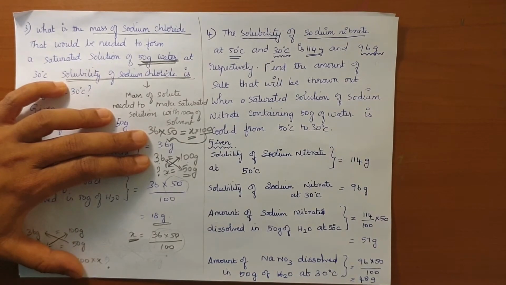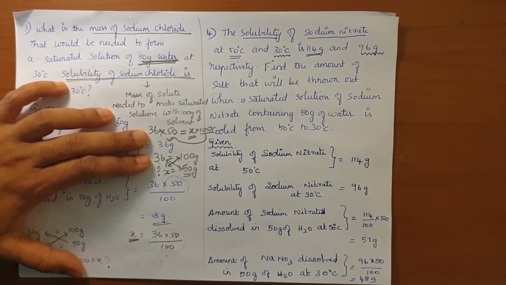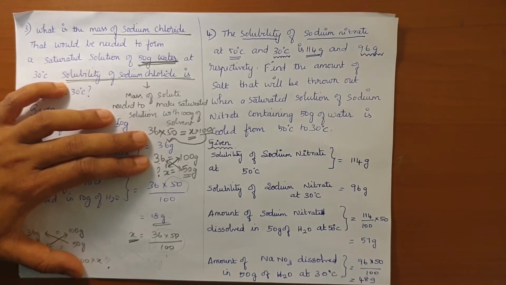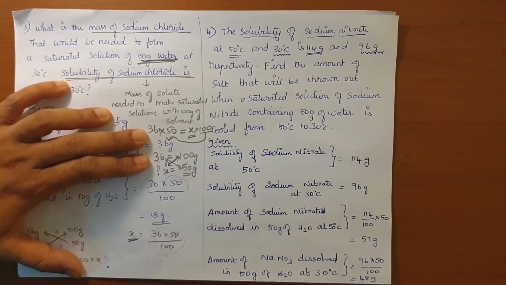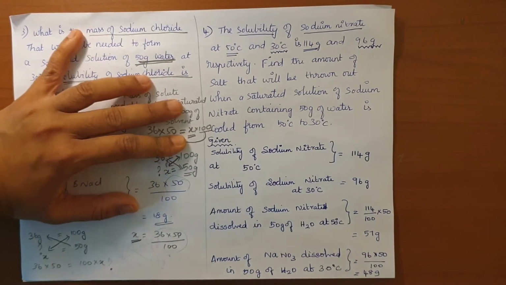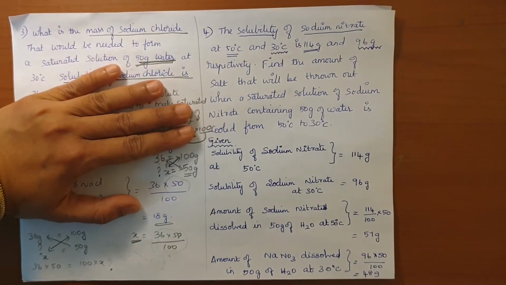If I take 36 grams of sodium chloride and dissolve it in 100 grams of water, it forms a saturated solution. Beyond which, if I add a few more grams of sodium chloride, it gets settled down. It is thrown out of the solution. Based on that concept, we are going to do this problem.